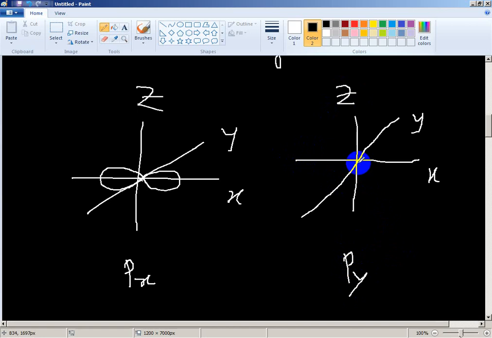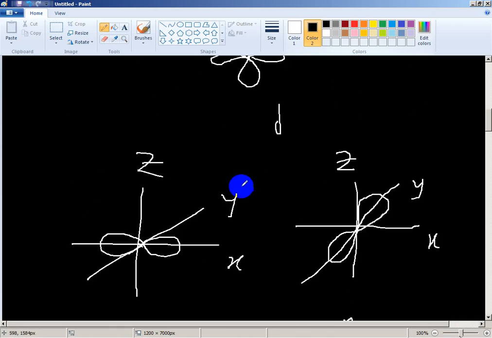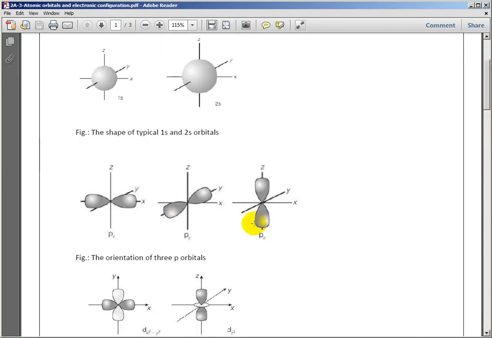This will be along the y axis. Okay, now I'll draw the z orbital. Look, this is the pz orbital along the z axis.